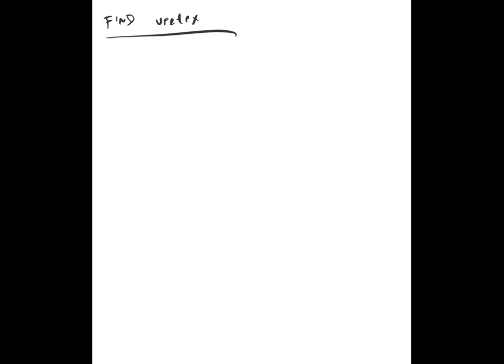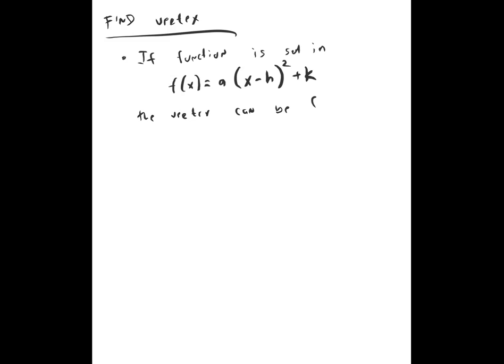Well, if our function is set in this form, f of x equals a (x minus h) to the power of 2 plus k, the vertex can be found very easily.